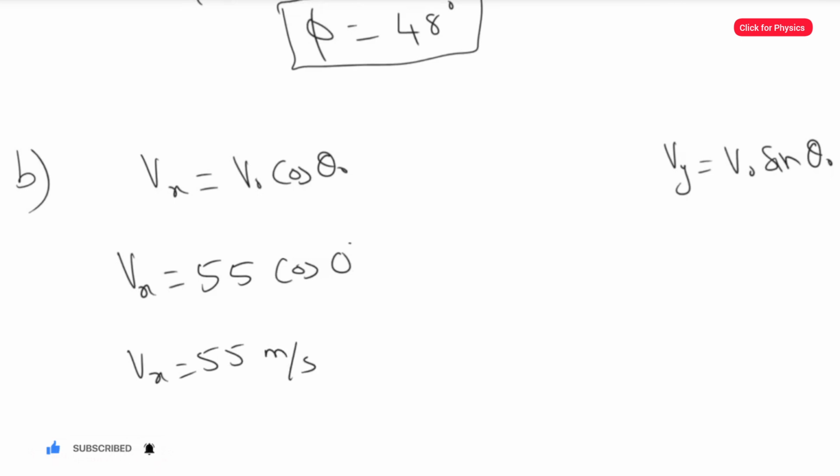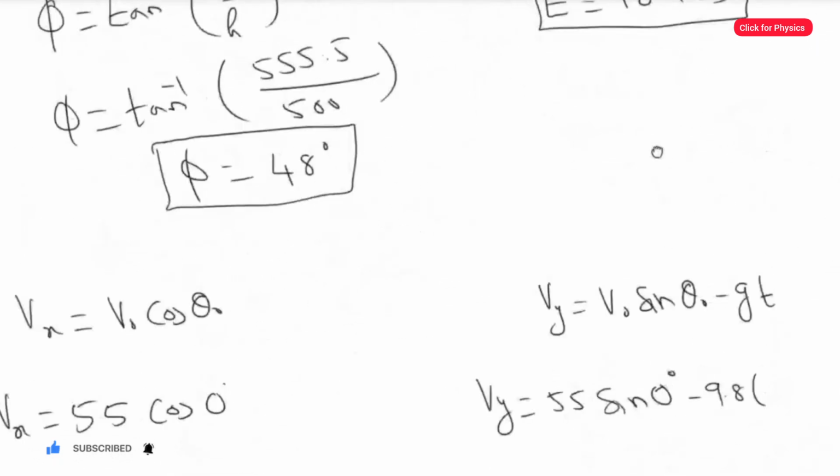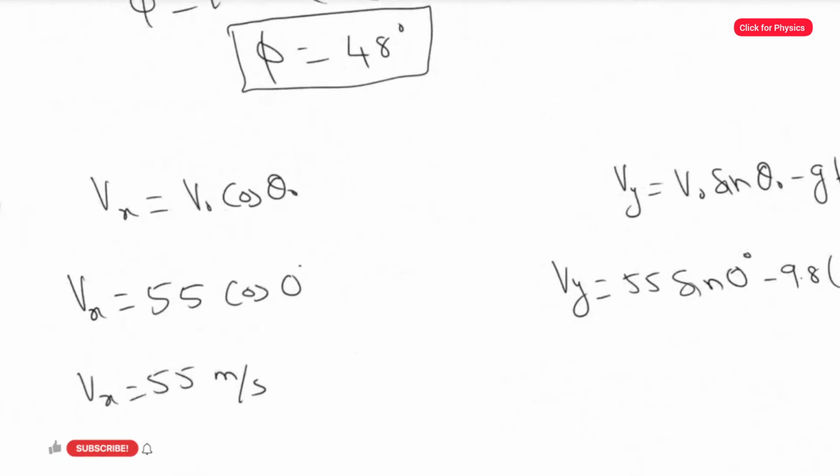Likewise, when you substitute the value for V of y, what you will get? V naught value is 55, a sine of 0 degree minus 9.8, and the time value we have to go back because we already got the time value here is 10.10. So I have to use this value here. So 9.8 multiply 10.10, and here sine of 0 is 0.